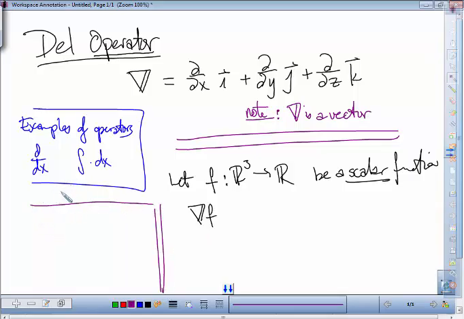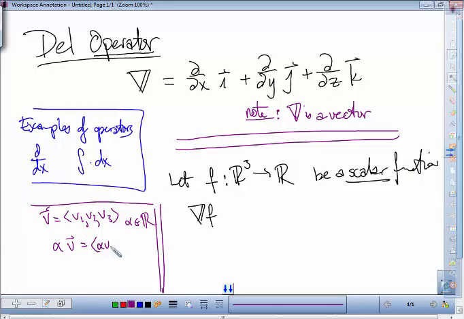Consider scalar multiplication on a vector v, where v vector is equal to v1, v2, v3, and alpha is a scalar. Then alpha times the vector v is just distributing that scalar, right?